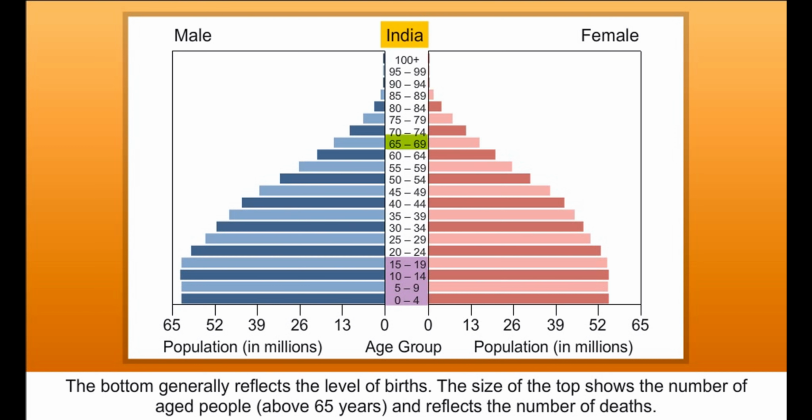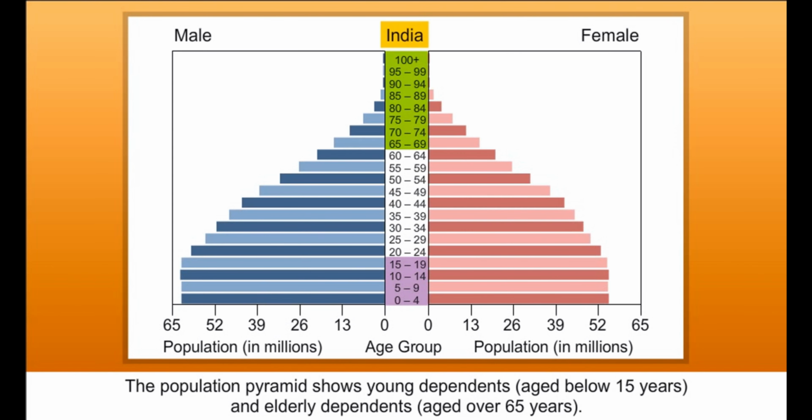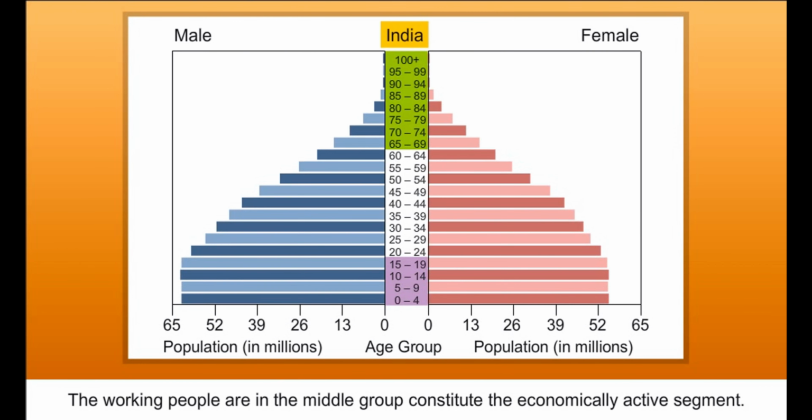The size of the top shows the number of aged people above 65 years and reflects the number of deaths. The population pyramid shows young dependents aged below 15 years and elderly dependents aged over 65 years. The working people in the middle group constitute the economically active segment.